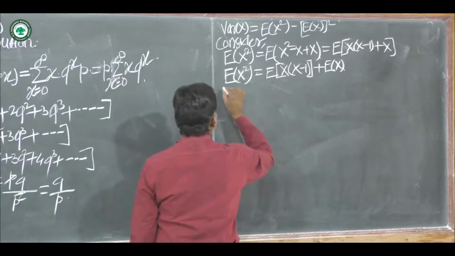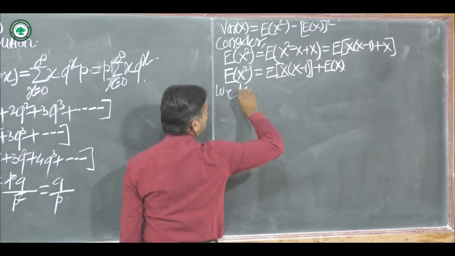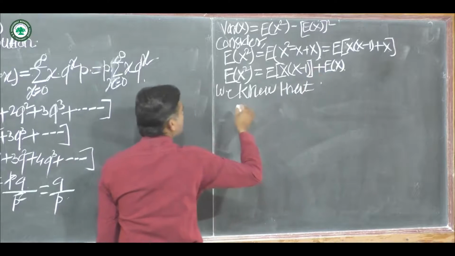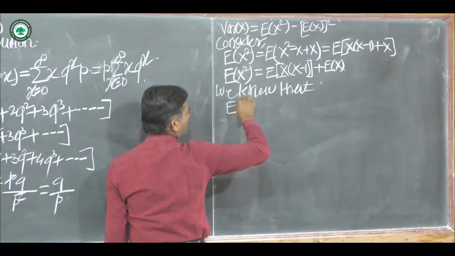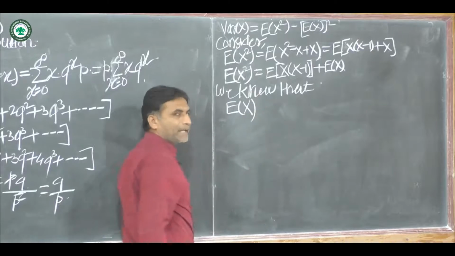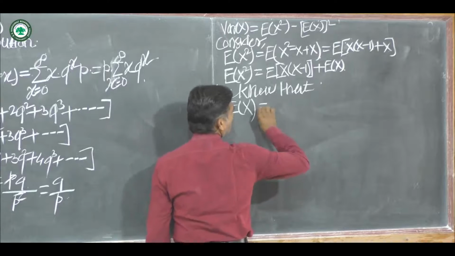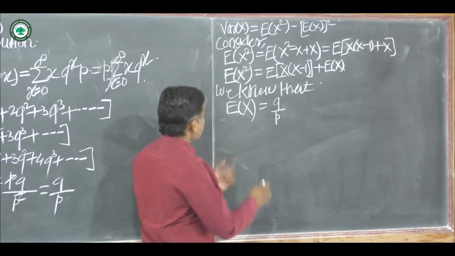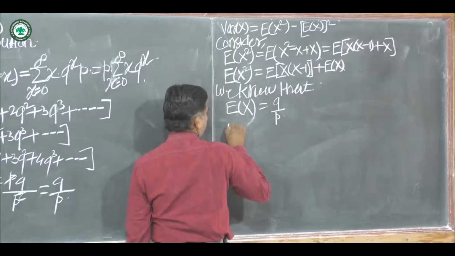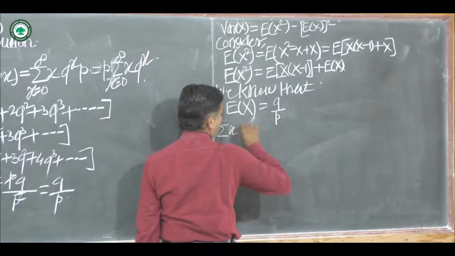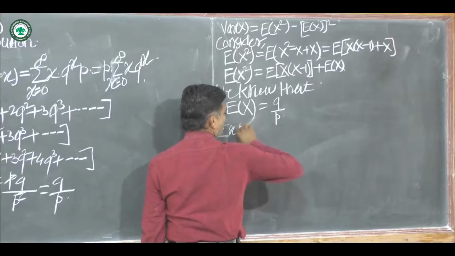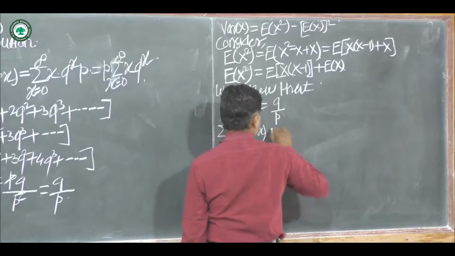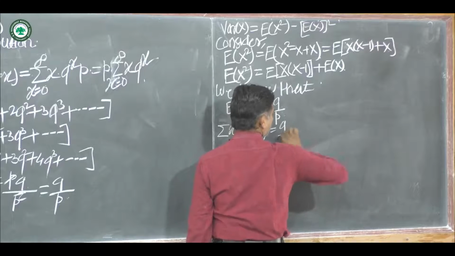Then we know that the expectation of random variable x is equal to q upon p. Then by definition of expectation, we have summation of x into probability of x equal to small x, which is equal to q upon p.